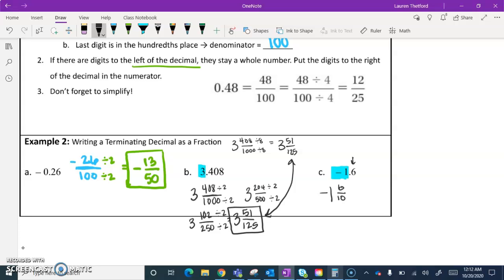We can simplify that. We're going to divide by 2 on top and bottom. So we get -1, that stays the same, and then 6 divided by 2 is 3, and 10 divided by 2 is 5. 3 and 5, that is as far as you can go to simplify. And so that is our answer, -1 and 3/5.